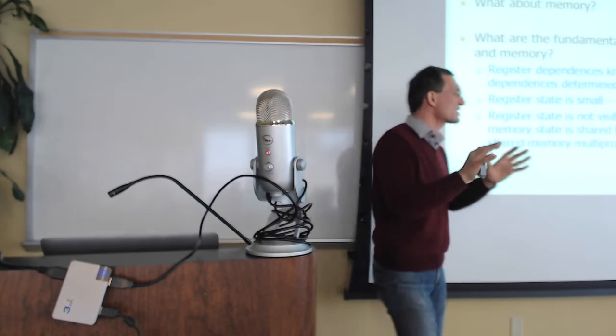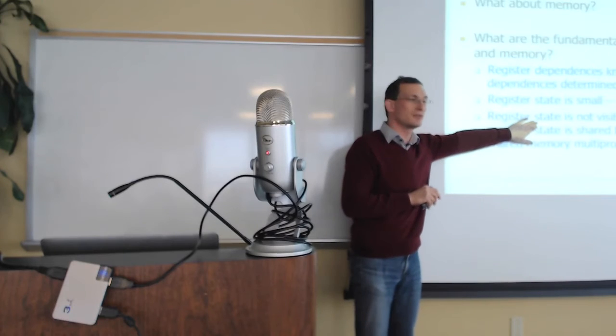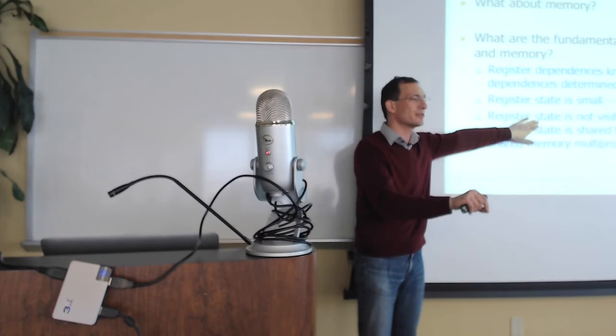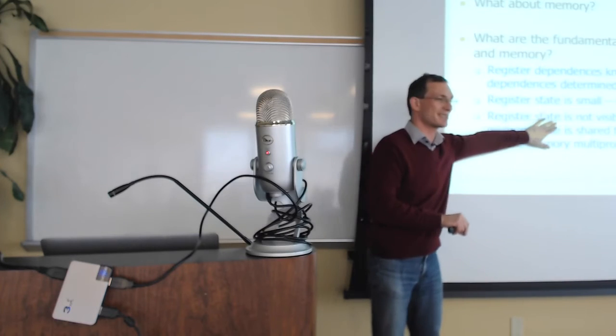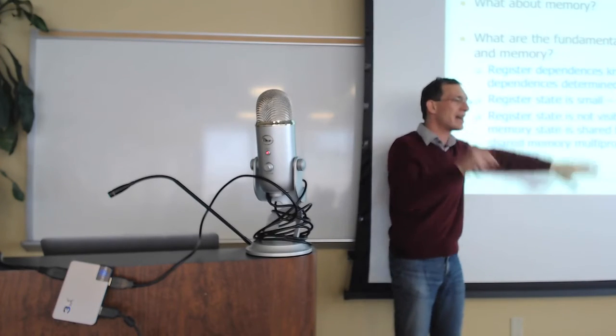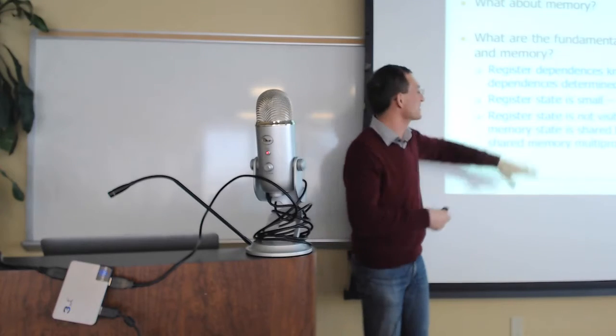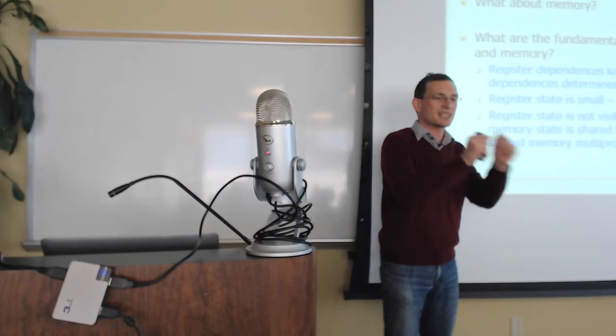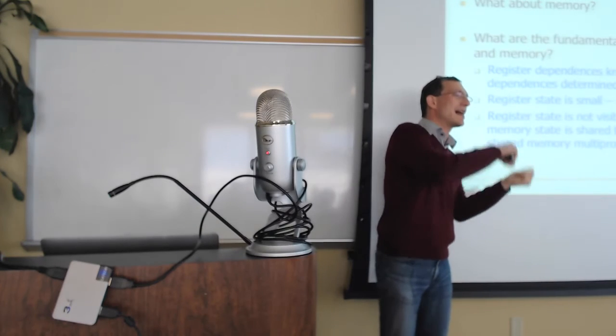That could be done with the register file, but it's very difficult to do something like that with memory. Because if you commit a value that you shouldn't have committed, some other thread might read that value, and undoing that operation now becomes a lot more complex. It's not simply changing that memory location to its old value.